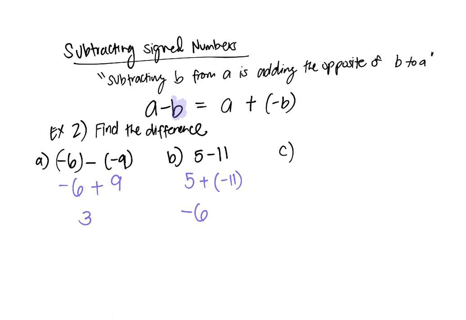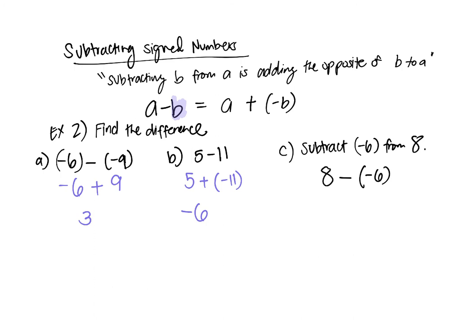Let's try one last one. Subtract negative 6 from 8. So if I'm saying subtract something from something else, that first one, whatever I'm subtracting, is going to be at the end of my expression. So subtract negative 6. I know I'm subtracting negative 6 from something.